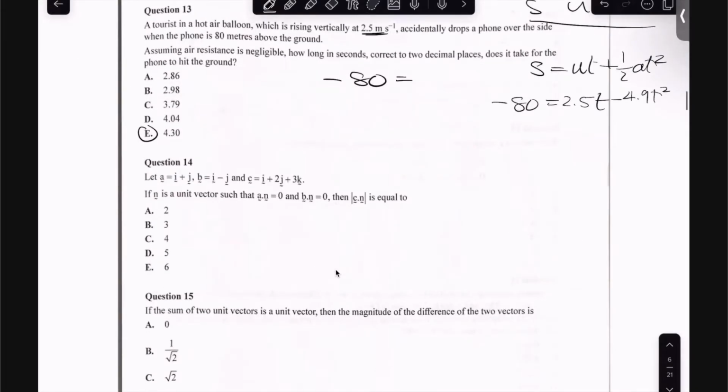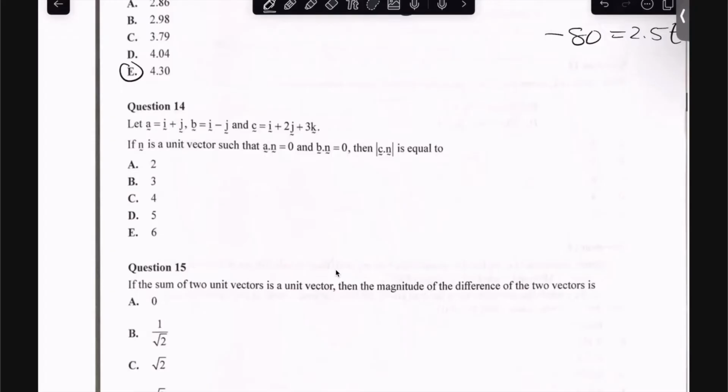Let A be that, and C be that, and B be that. If n is a unit vector such that A dot n is equal to 0 and B dot n is equal to 0, then C dot n is equal to. Okay, so let's just say these are in 2 dimensions. So you just want the magnitude.